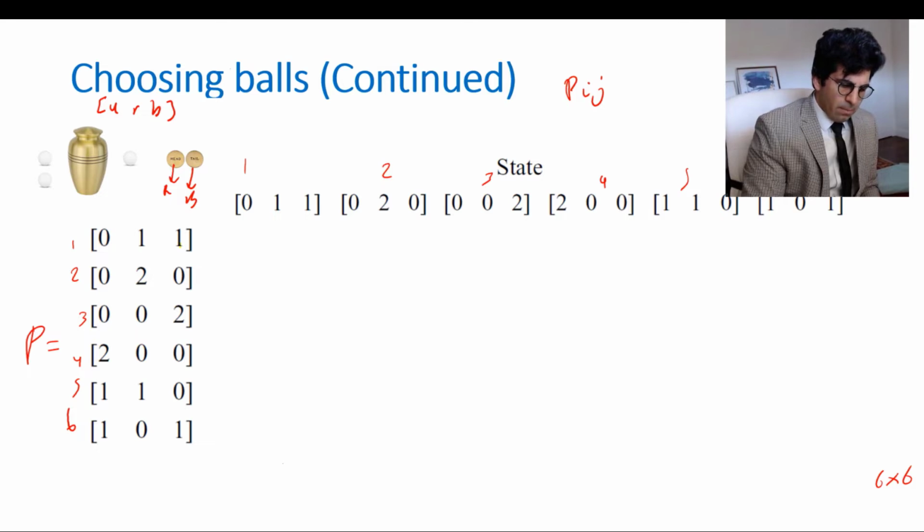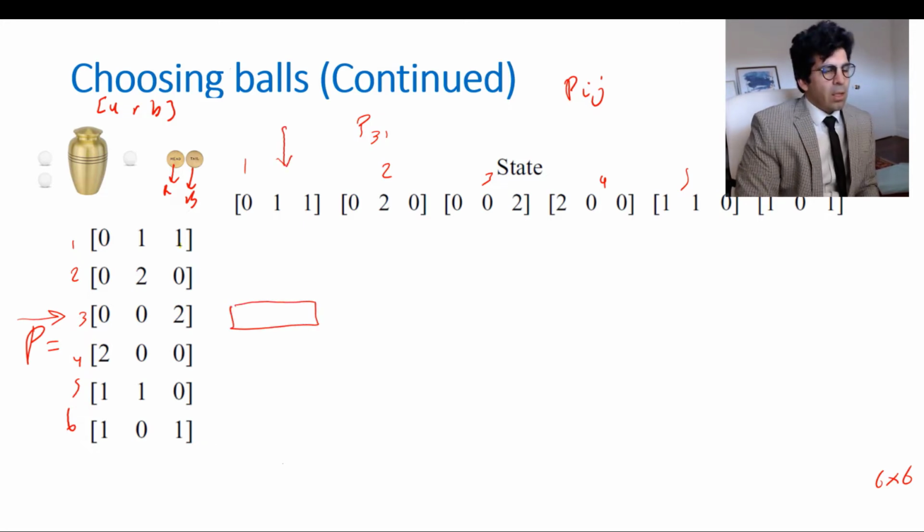So let's say P3,1 here. P3,1 means if I'm here, what's the probability that I end up here? What is this probability?